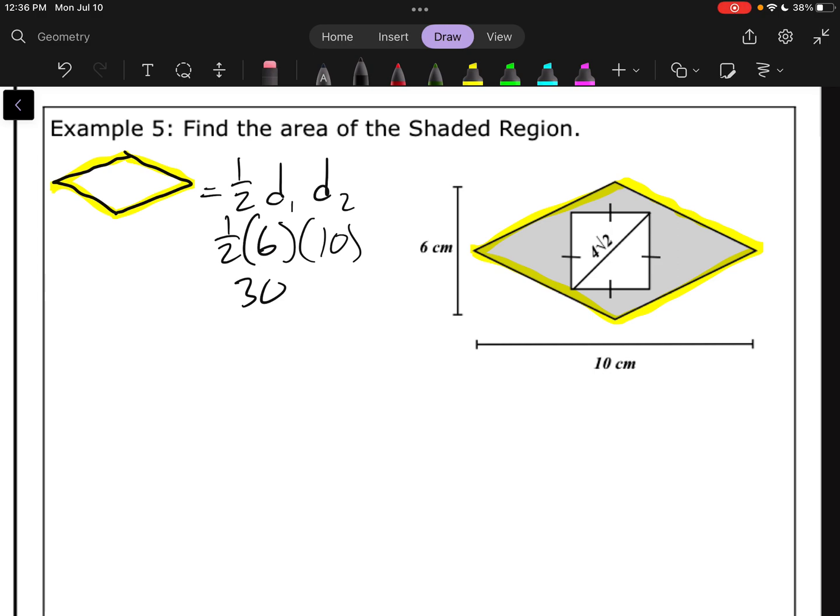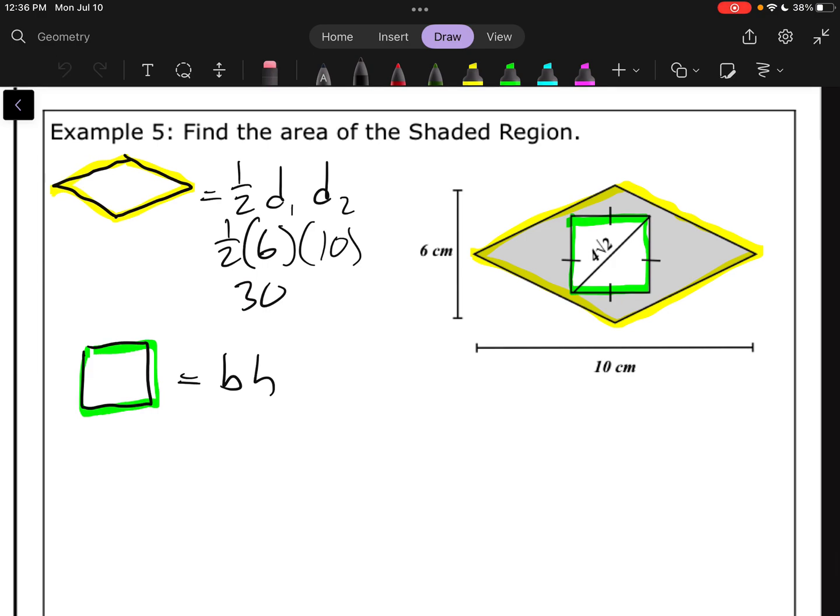Now let's look at the square in the middle. If it's a square, it's got the formula just base times height because it's a parallelogram. And, well, one thing we learned about in the previous video over special parallelograms is that a square is divided into a little 45, 45, 90 triangle.